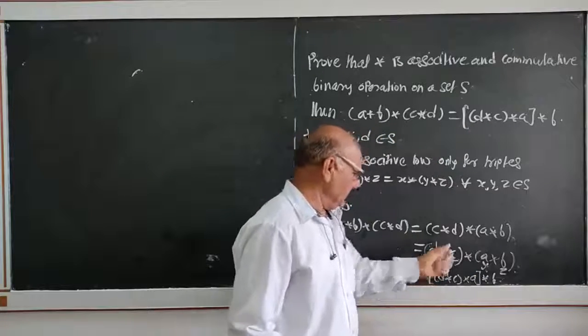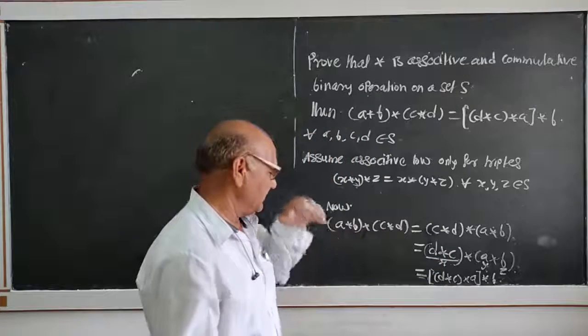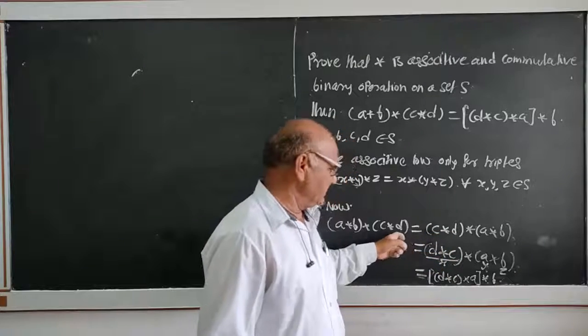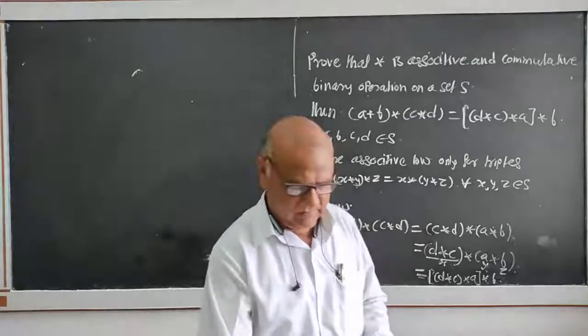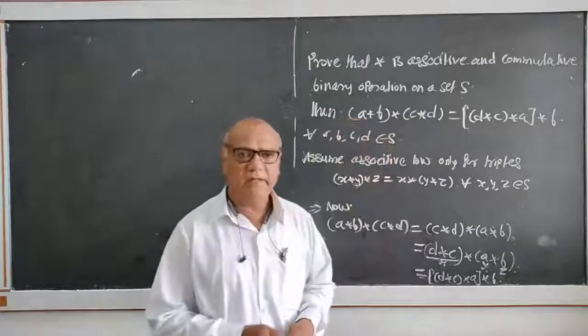We use associative only for three elements, for all X, Y, Z belongs to the set. And this property is satisfied. So we stop here. Okay, thank you.